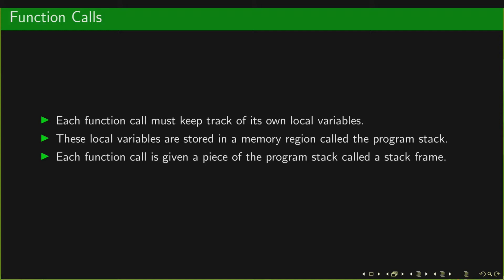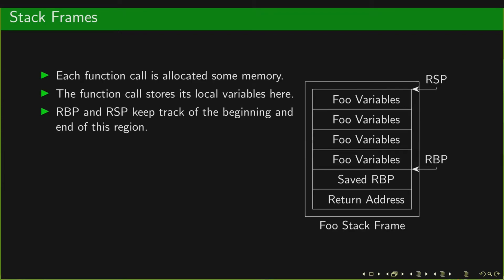The way this is done is the function is given a memory region in a place called the program stack, and the function just stores its variables in this memory region that it was given.